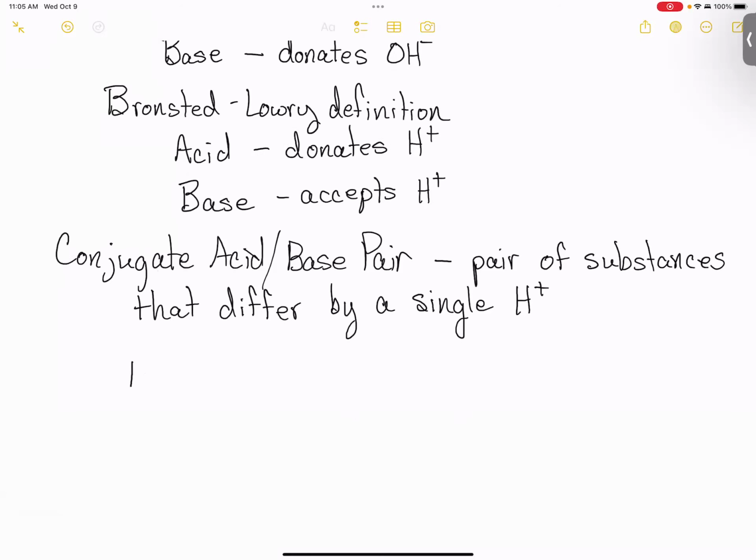Example, sulfuric acid and hydrogen sulfate are a conjugate acid-base pair.